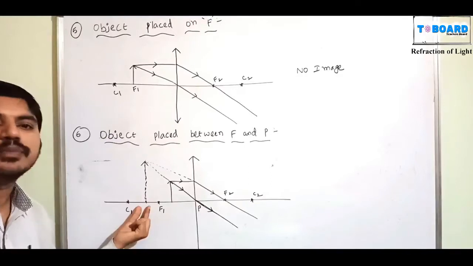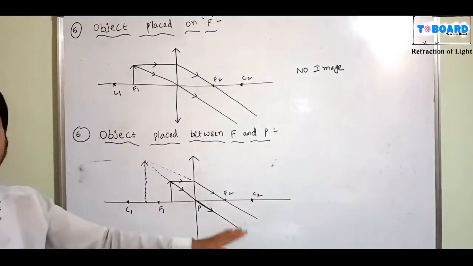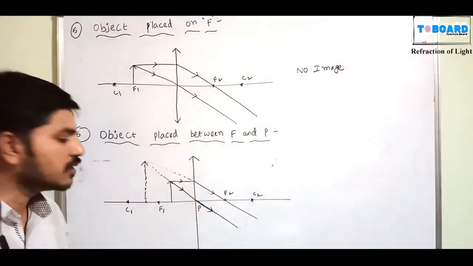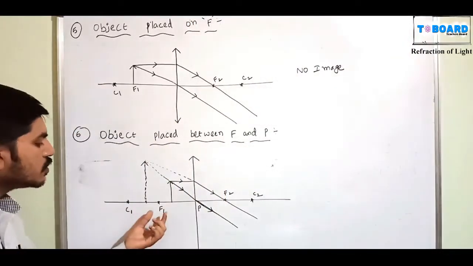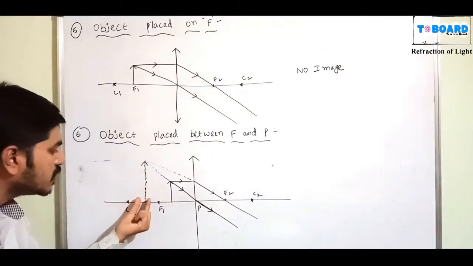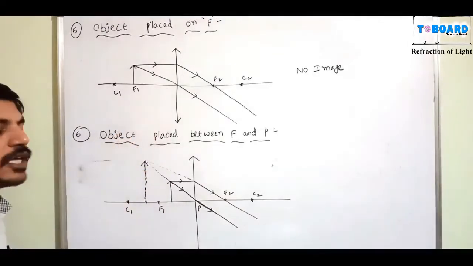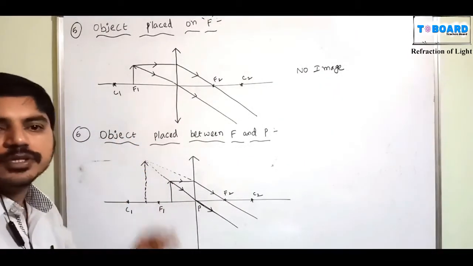It looks like a mirror, because another medium is not entering. That's why the image is formed on the backside in the same medium, and it is a dotted line. Why is it a dotted line? Because it is imaginary. It is not a real image.